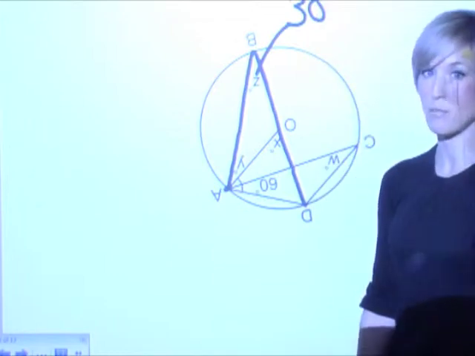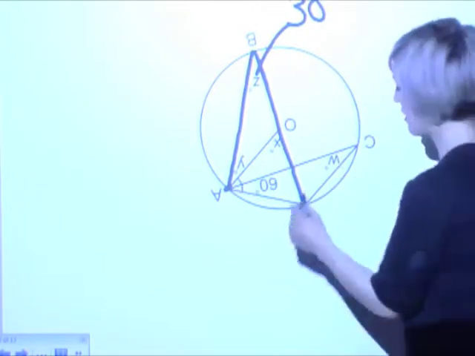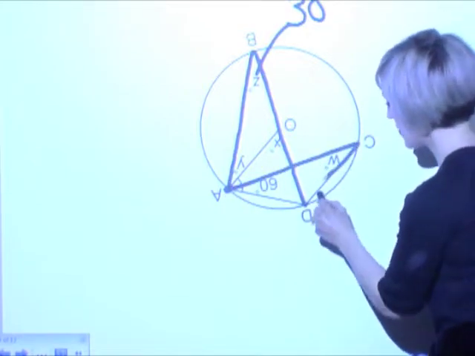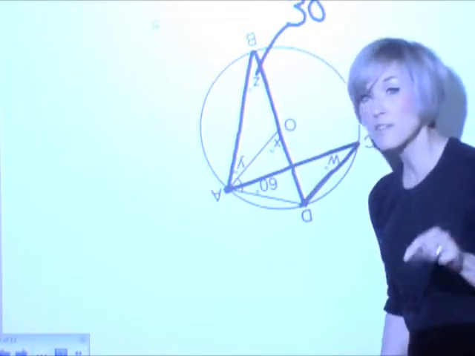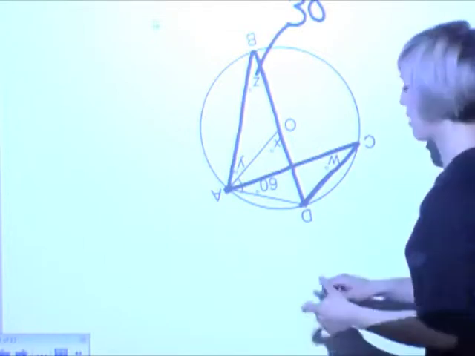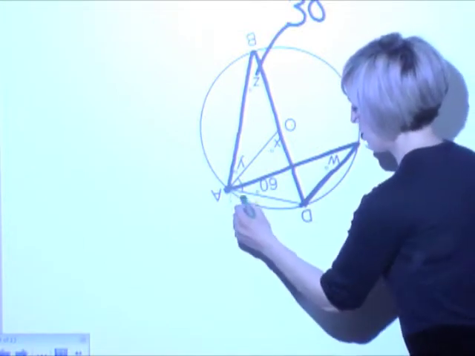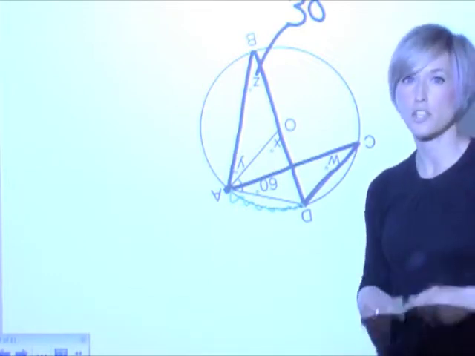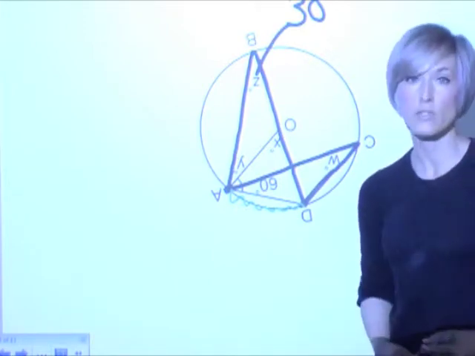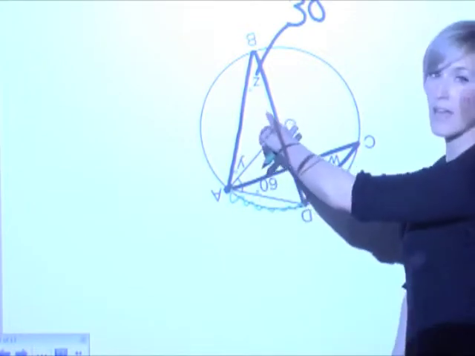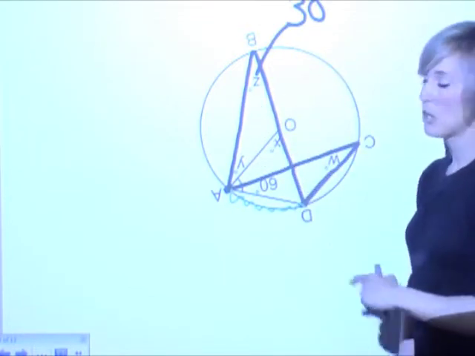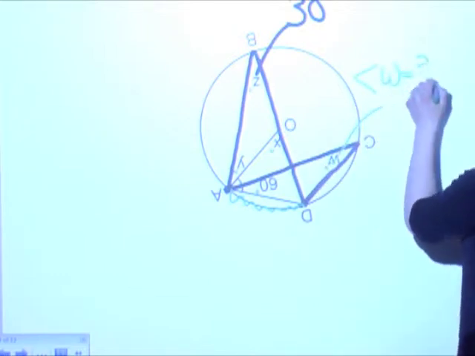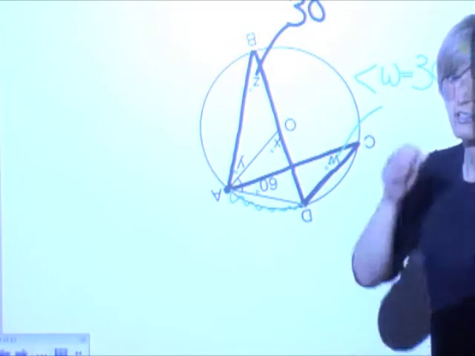Now look at angle w, from A to C to D. Both of these inscribed angles share a common arc, and that's the arc here. And we just learned that inscribed angles that share a common arc have equal measures. Therefore, if angle z is 30 degrees, angle w must also be 30 degrees.